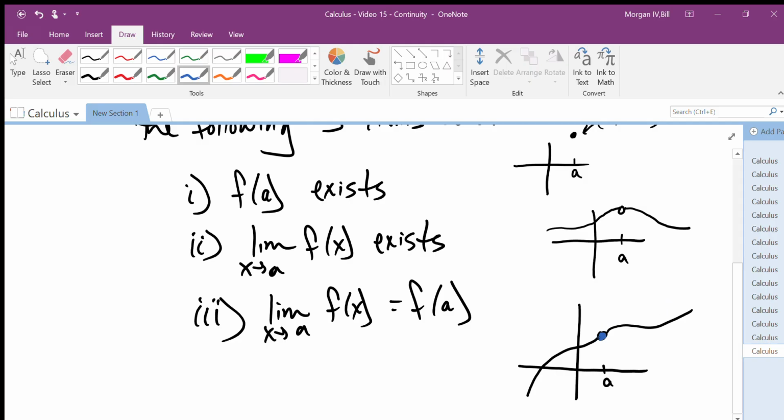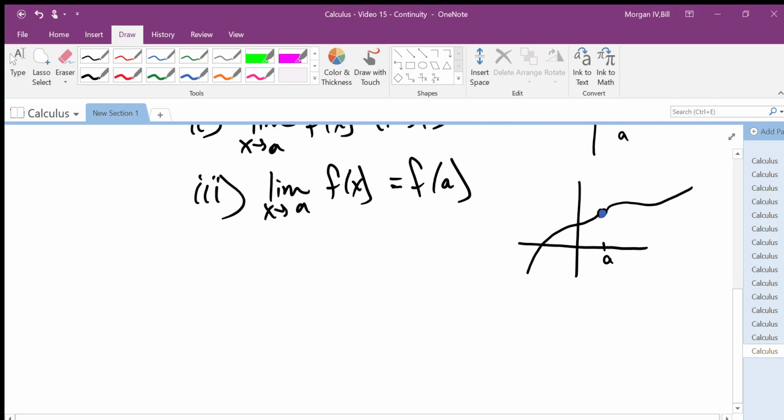Therefore, at A, that function is continuous. You could draw the curve without picking up your pen at A. Those three things are what it takes for a function to be continuous at point A.